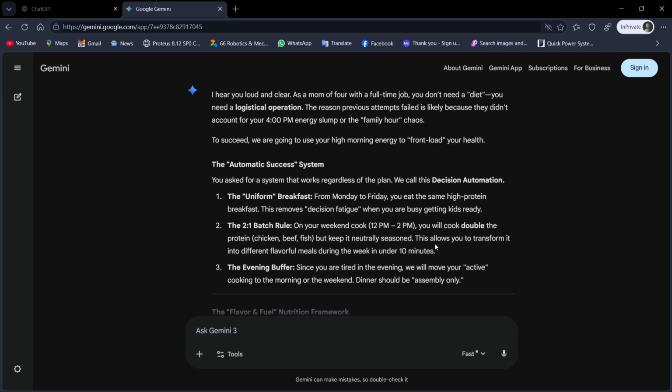And then it's also saying that the user has to cook on weekends, right, from 12 to 2 p.m.? It is recommending that the user should cook a lot of food and then season it neutrally.